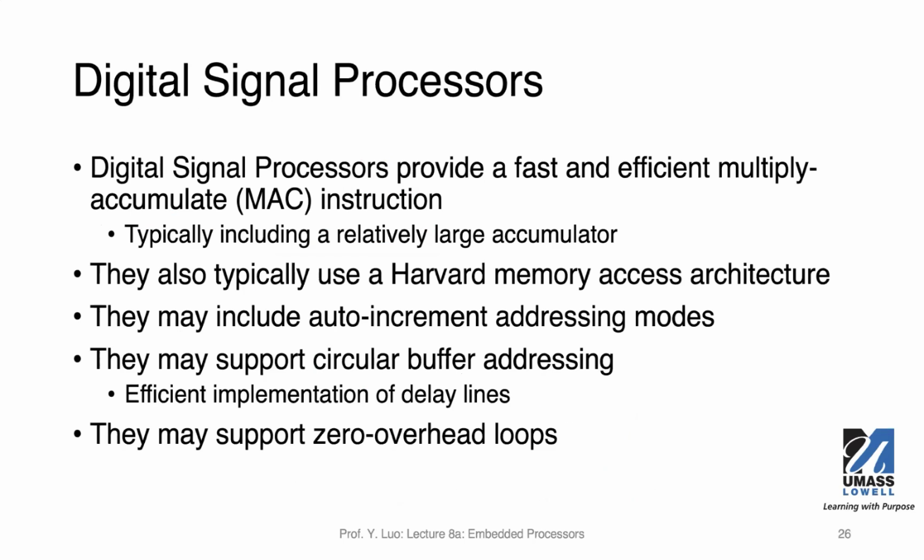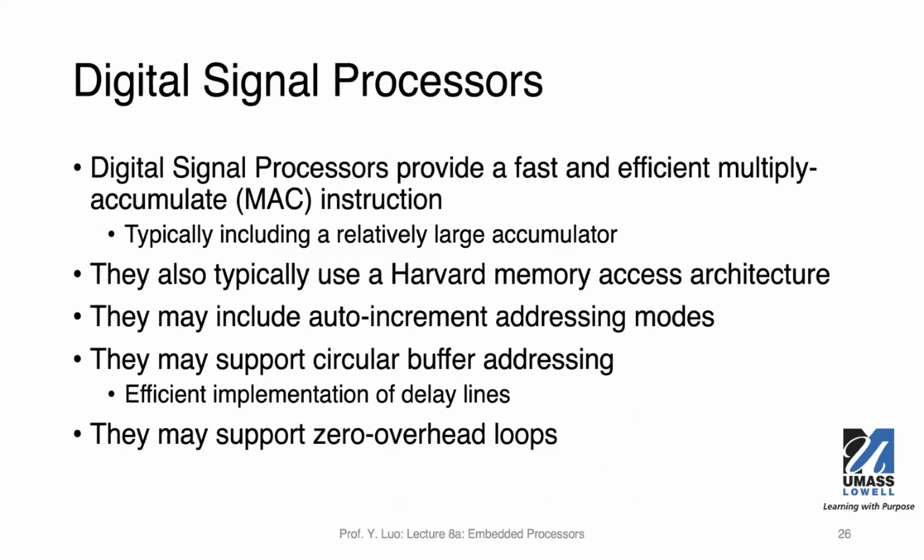So DSPs provide fast and efficient multiply accumulate instructions. And typically they include a relatively large accumulator to accommodate the multiplication result. Also, they use Harvard memory access architecture, which I'll explain later.